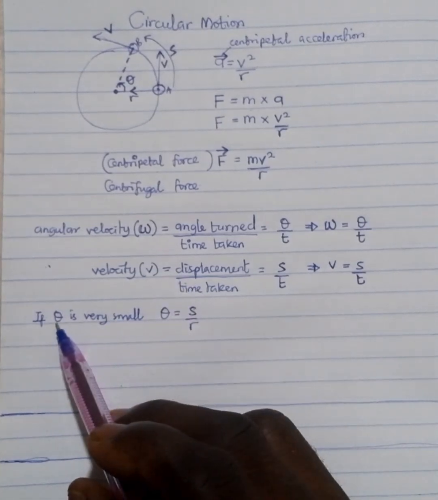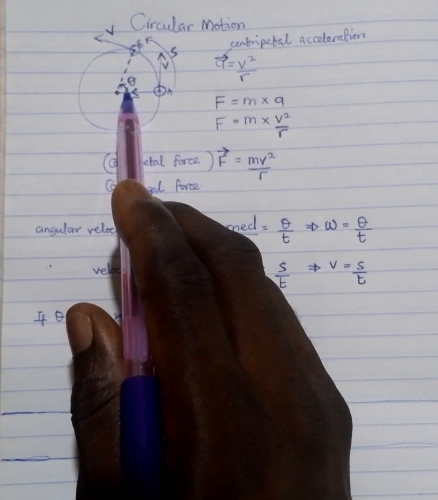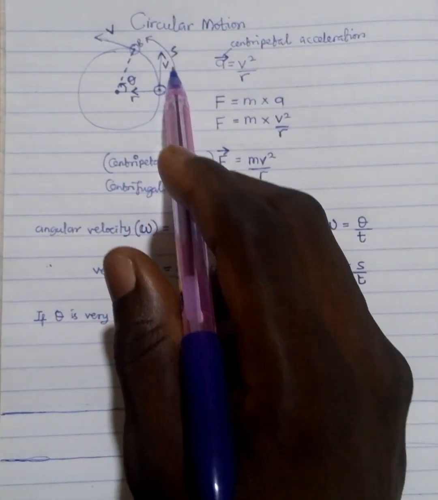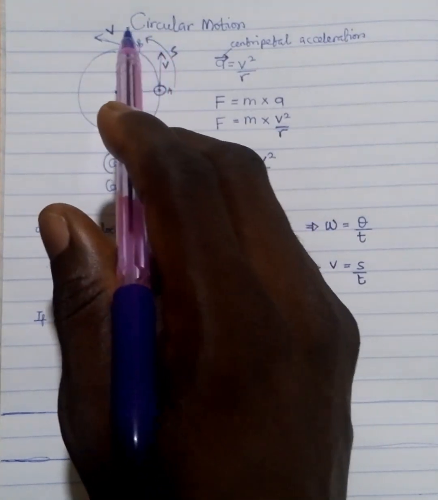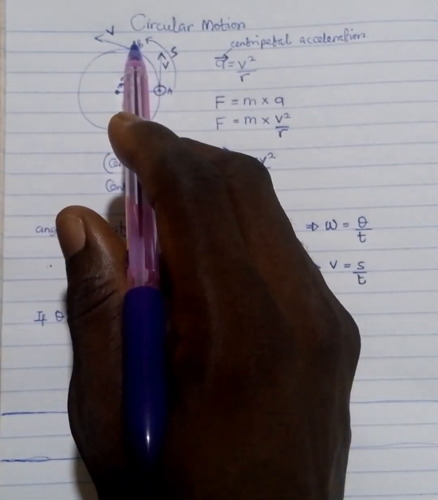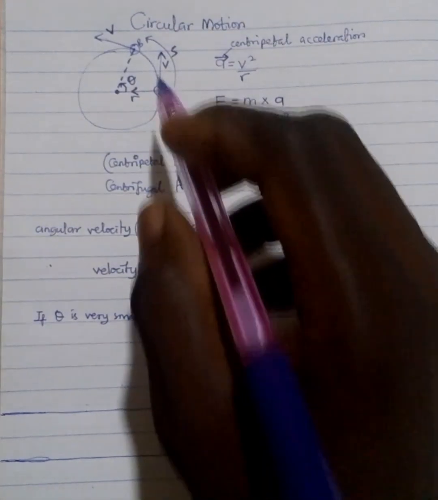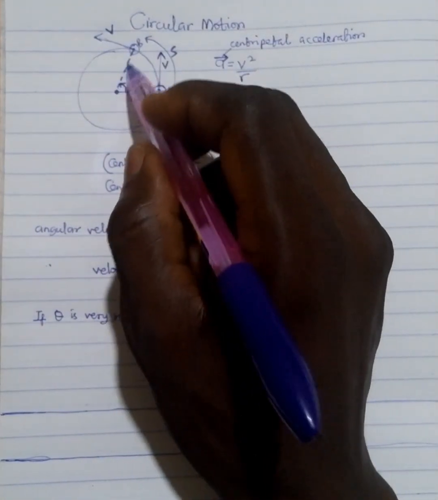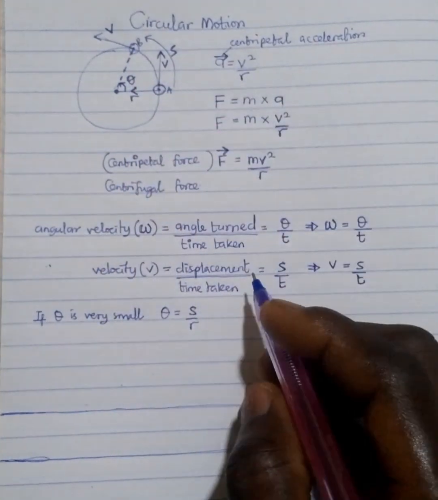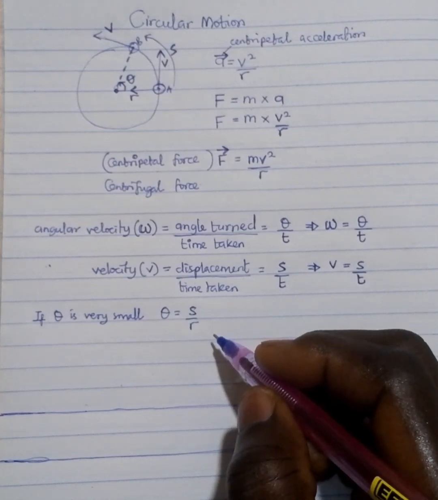If the angle turned is so small, s, the displacement along the circumference from point A to point B, divided by the radius of the circular path, will be equal to the angle turned.